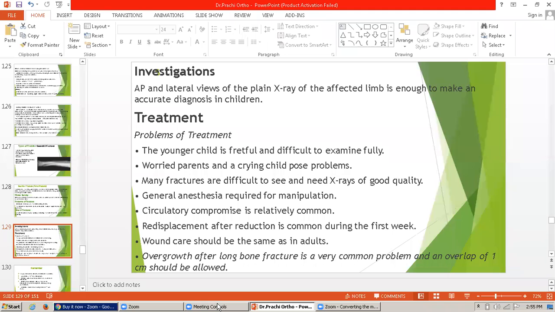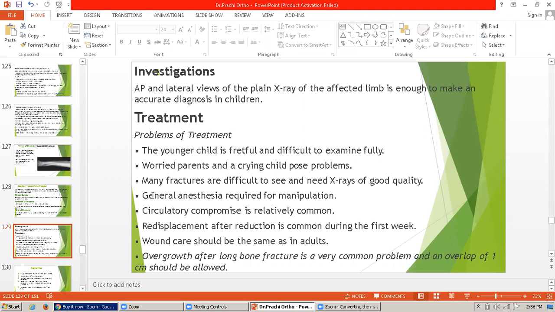Then next are the investigations. Anteroposterior and lateral view of a plain X-ray of the affected limb is enough to make an accurate diagnosis in children.